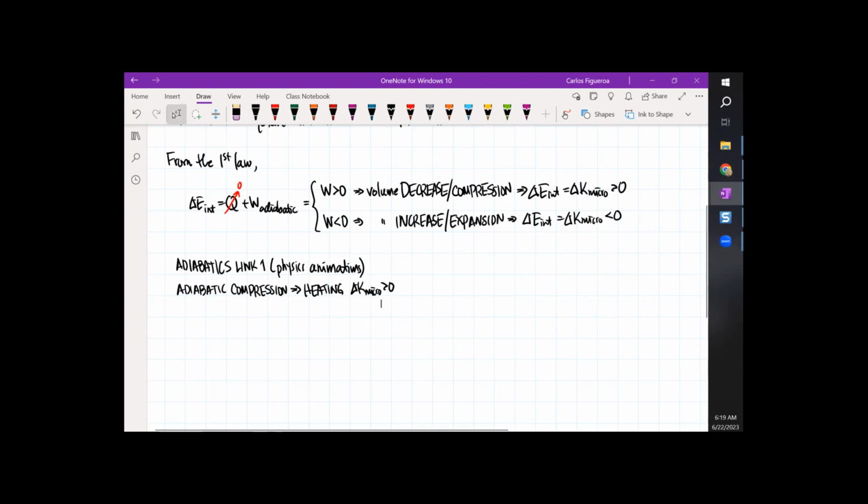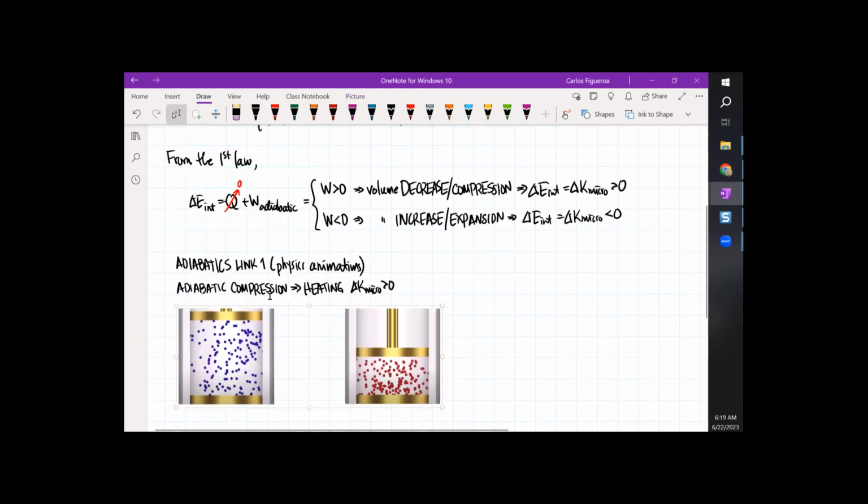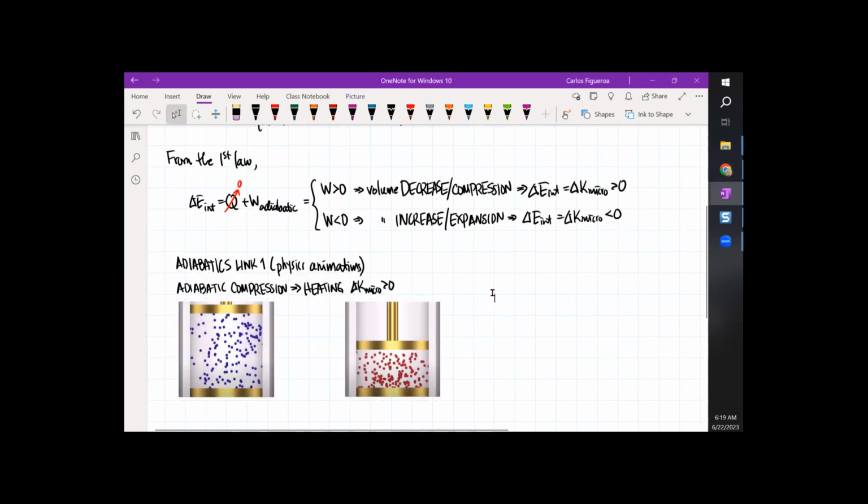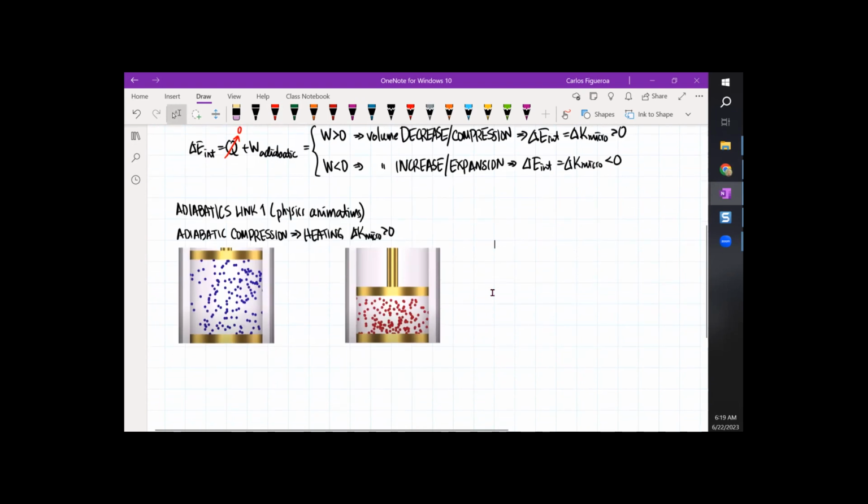So if you look at this, I put some images together just to be faster here, and here's one of the images. You could see here that in this situation, let's say I had slow moving gas particles.